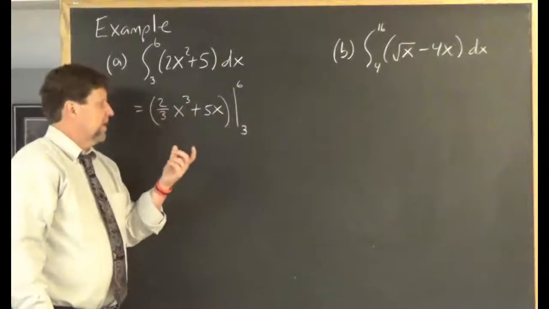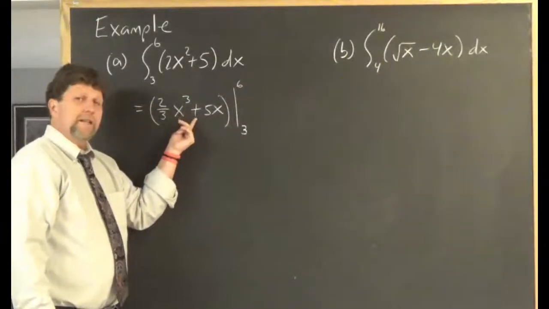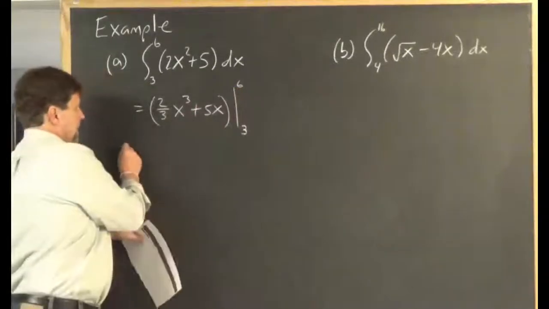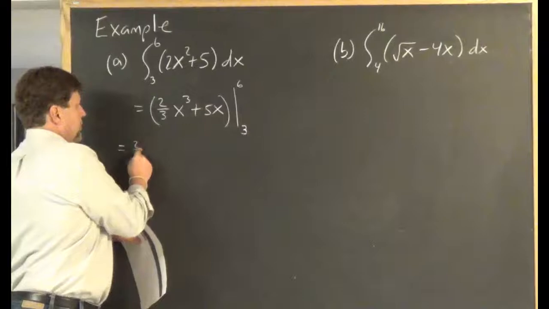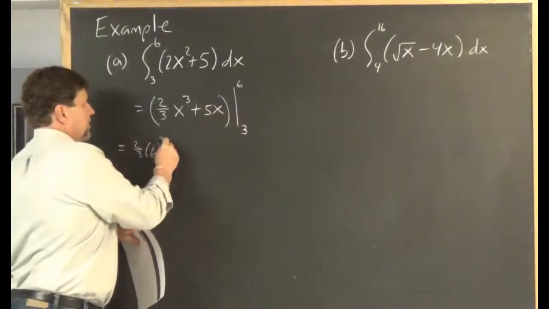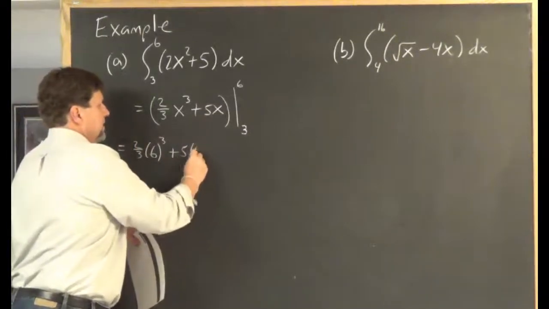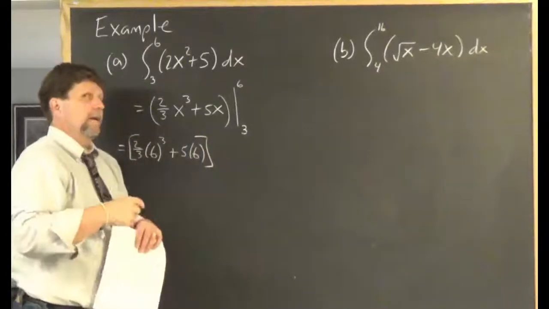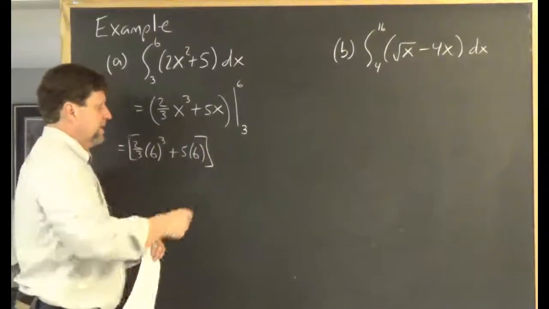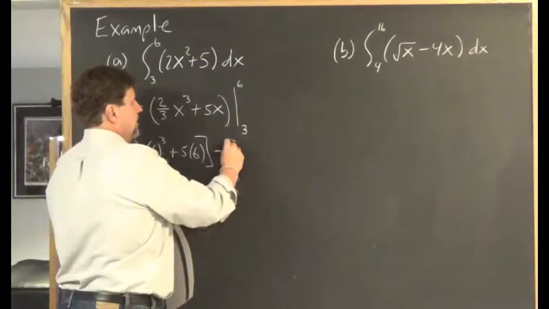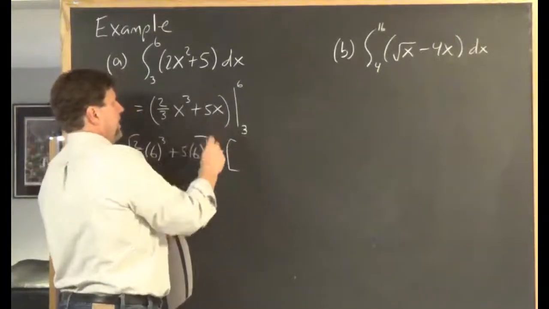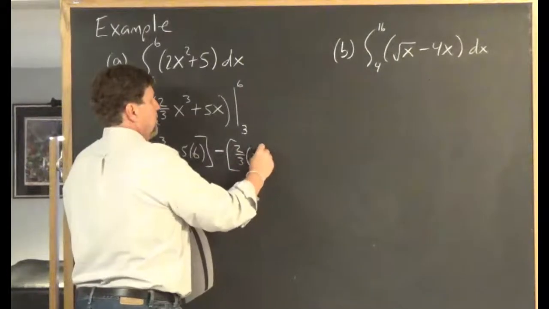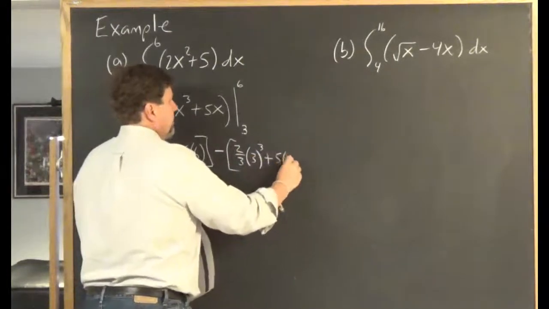So it says to start off, you evaluate the antiderivative at 6. So that would look like this: 2/3 times 6 cubed plus 5 times 6. That's evaluating the antiderivative at 6, minus, now the 3 goes in: 2/3 times 3 cubed plus 5 times 3.